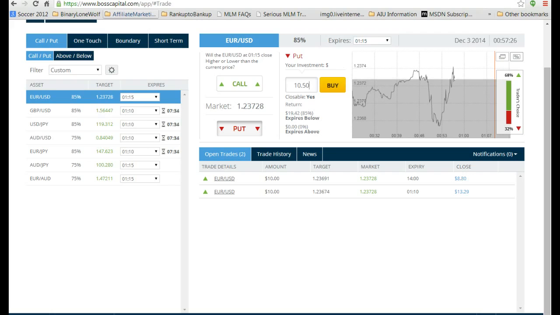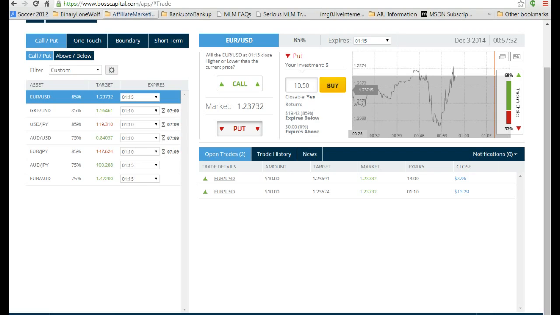You can do $10.50, $12.50, whatever. It's just a slightly higher payout. Then you click on buy, and you just wait until the expiration. If it's closable, it will say yes, and then it will show a dollar amount that you would return if you close the trade early. If it says closable no, obviously, you cannot close the trade early.